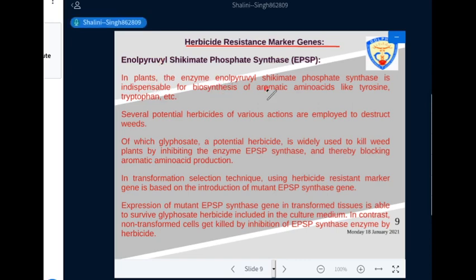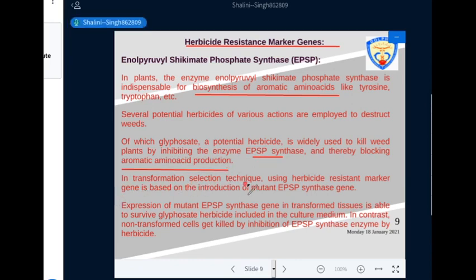In plants, this enzyme is indispensable for biosynthesis of aromatic amino acids like tyrosine, tryptophan, phenylalanine, etc. Several potential herbicides of various actions are employed to destroy weeds, of which glyphosate is widely used to kill weed plants by inhibiting the enzyme EPSPS and thereby blocking aromatic amino acid production.